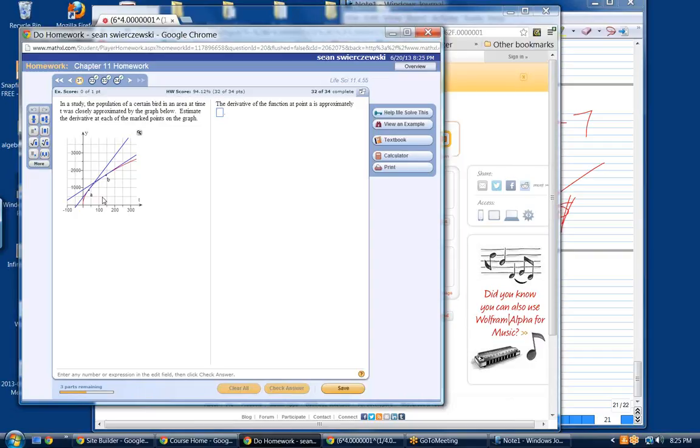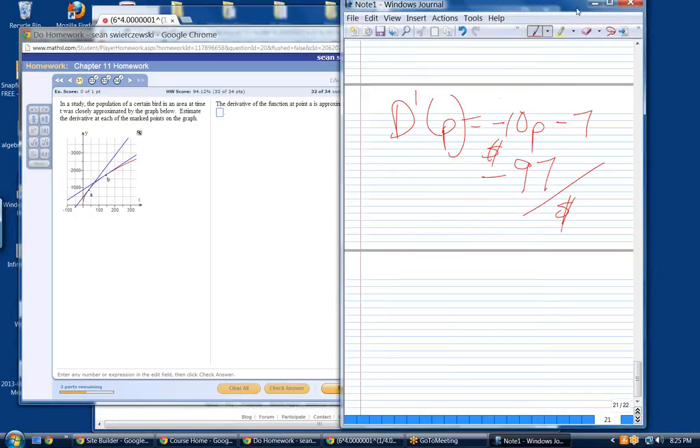I can't read the numbers. Okay, let's see. We're going to go from 500 to 1,000 is the rise as we go from 0 to 50. So we go 500 to 1,000, so that's a change of 500. And on the bottom we're going from 0 to 50. Estimate the derivative. Okay.